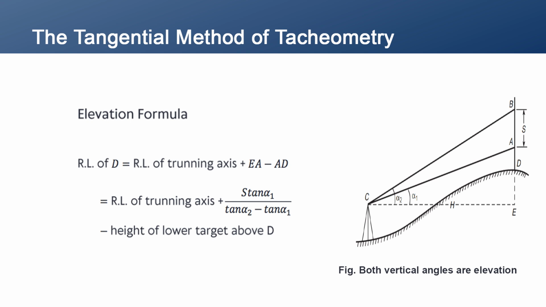Thus, the formula for the reduced level of D becomes RL of D is equal to RL of the trunnion axis plus S into tan alpha 1 by tan alpha 2 minus tan alpha 1 minus height of the lower target above D. This is the exact elevation of the point D, considering both the horizontal distance and the height difference using the angles measured by the theodolite.